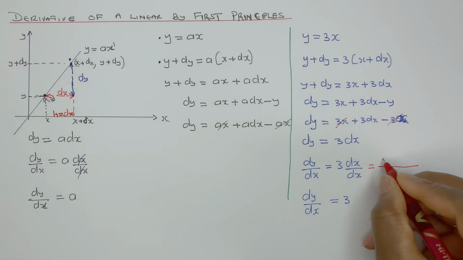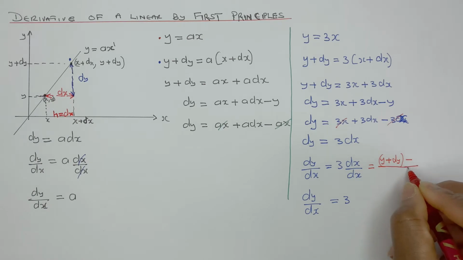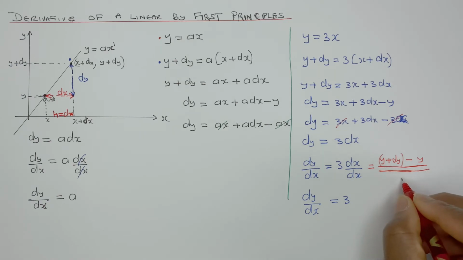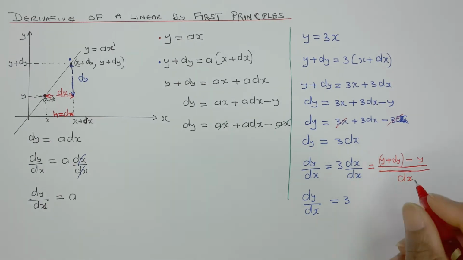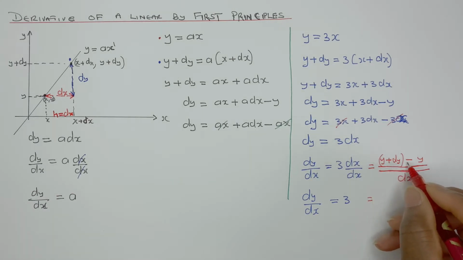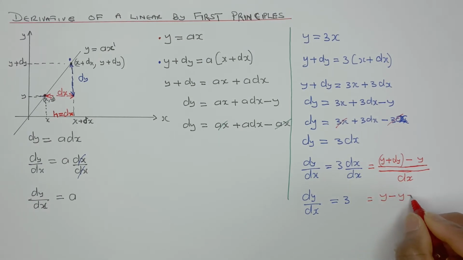They'll say y plus dy minus y, over dx. And you can see that if you expand the bracket, you'll get y minus y plus dy over dx.